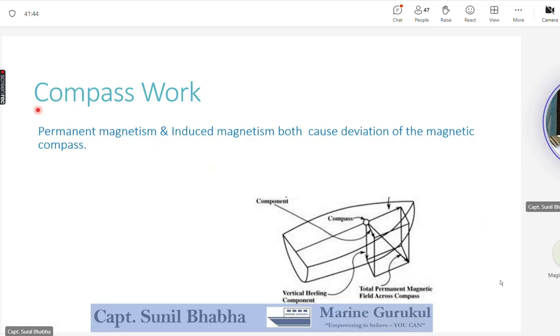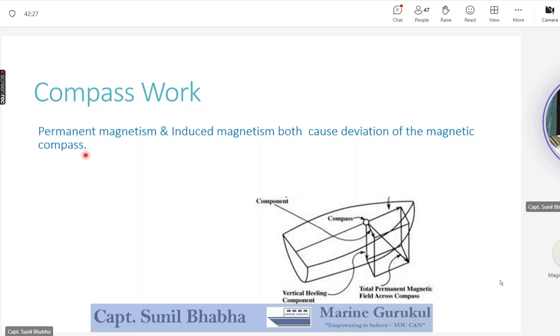Now coming to the concept of compass work. Correcting a compass is also known as compass work. So what is the concept behind it? Permanent magnetism and induced magnetism both cause deviation of the magnetic compass. As I told you, if our magnetic compass is affected solely by the magnetic field of the Earth, it will give us precisely the magnetic directions. Once you have the magnetic directions, you can apply the variation. Variation can be easily picked up from the chart and applied, and once applied, it gives you the true directions.